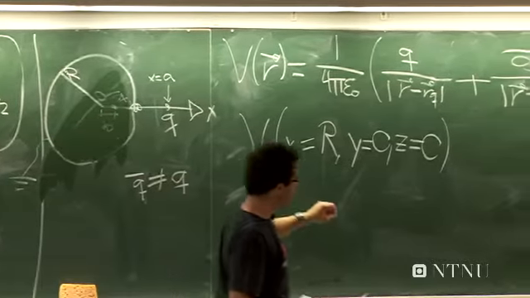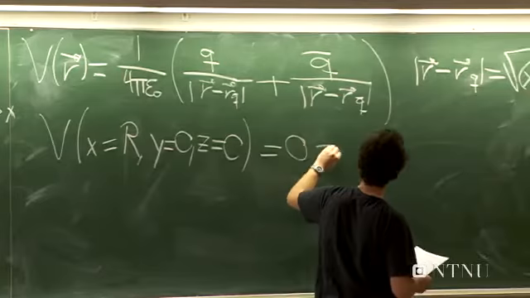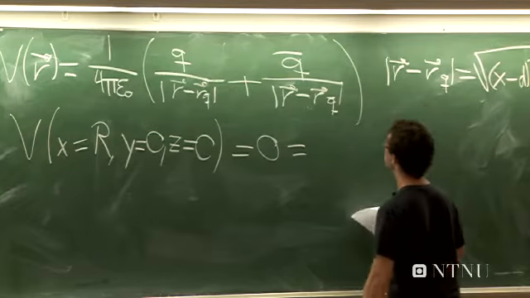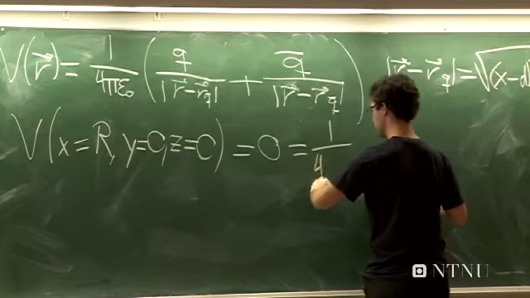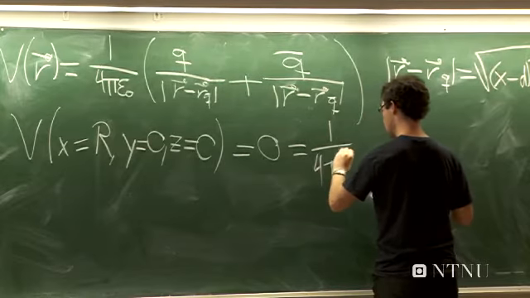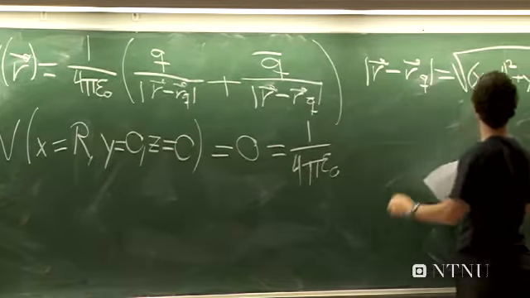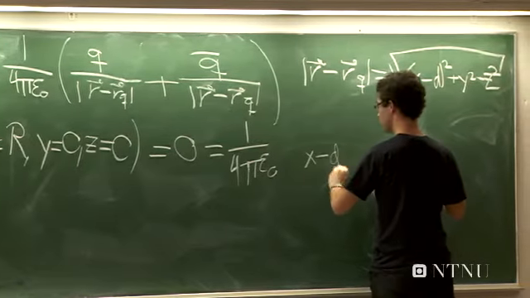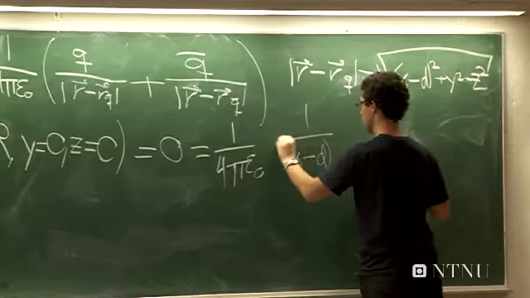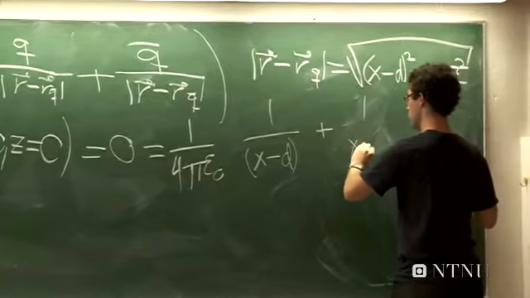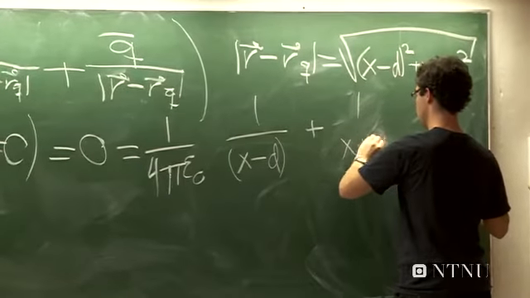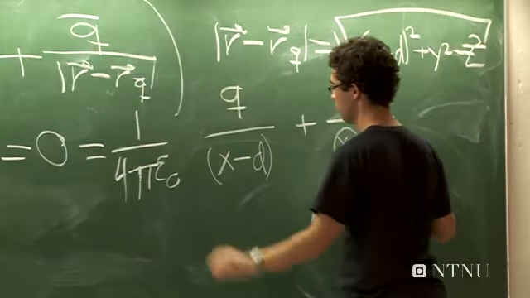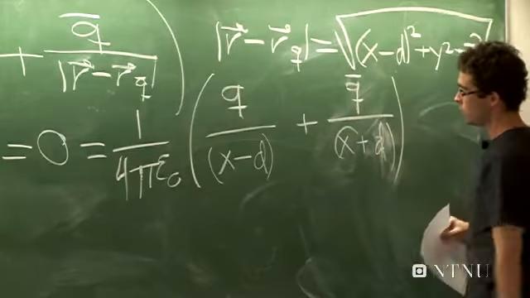And of course the potential should be 0. And if I write out that 0, it turns into, well, what is it? Over here you see x minus d. So this should be equal to 0.